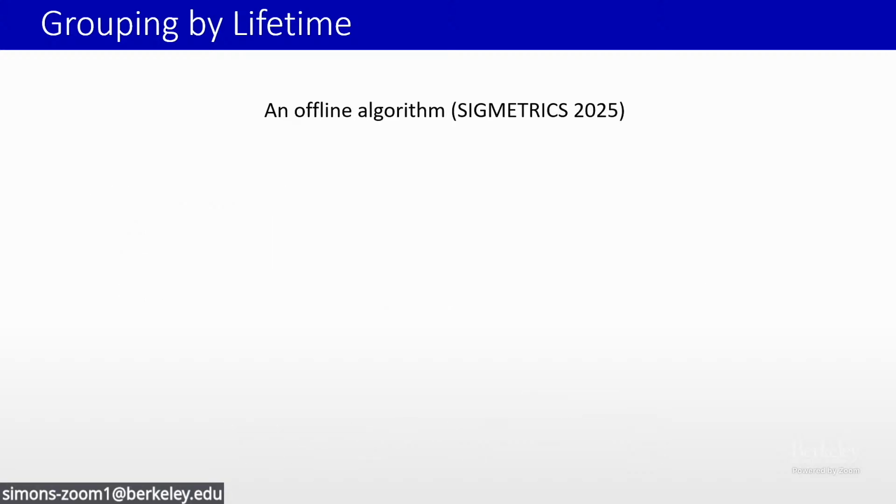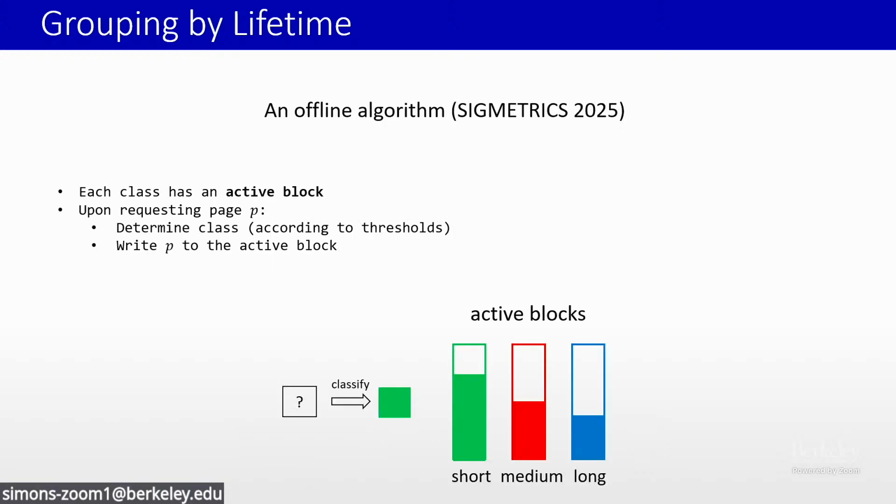And now our offline algorithm works like this. We get a new request. We classify to which class it needs to go. And then for every class, there's always one active block where we place that request.